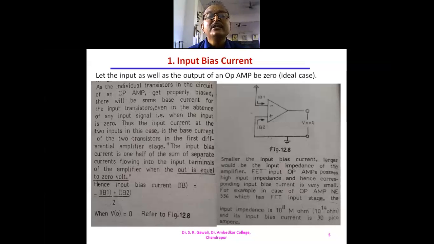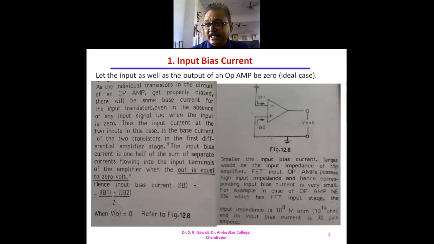Two transistors are used in the difference amplifier present in the operational amplifier, and proper biasing is provided in order to make these transistors conduct. So there will be some input current flowing into the input terminals when the output is 0.